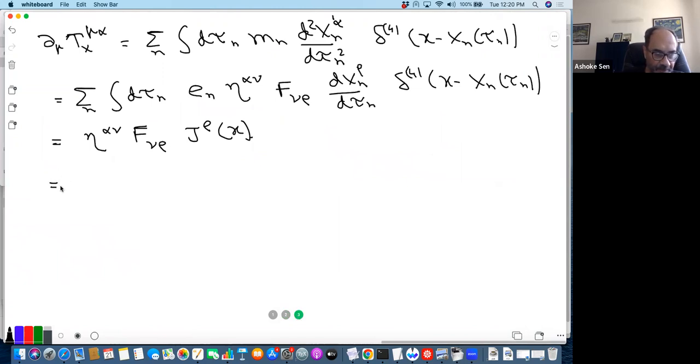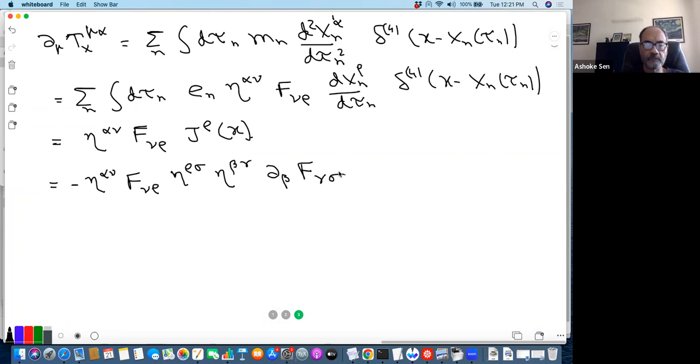So this I'll now write as minus, theta^alpha nu F_{mu rho}, and for J^rho I substitute theta^{rho sigma}. Is this clear?